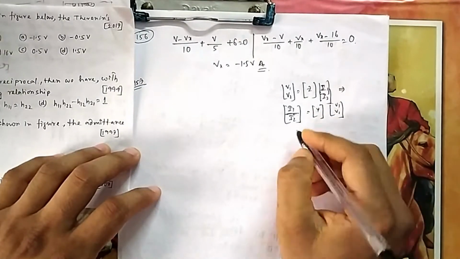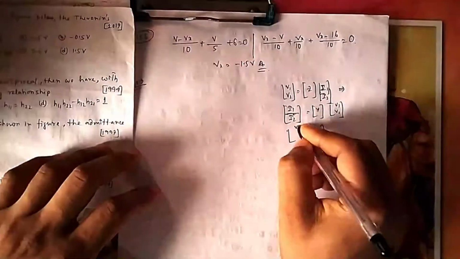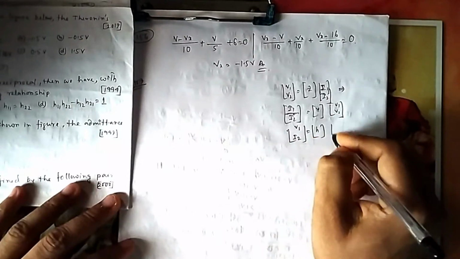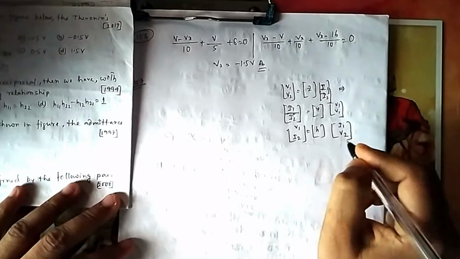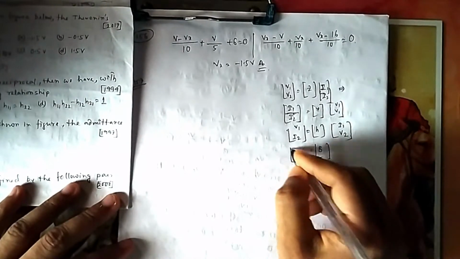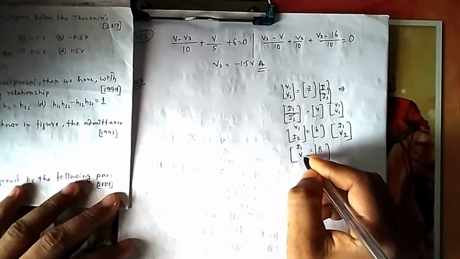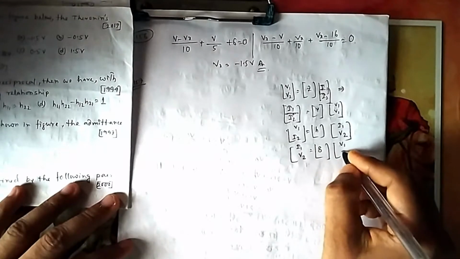Next is your hybrid parameter, the H parameter. For H, from this side V1 will be there, and from this side it will be I2, and here it will be I1 and then V2. So this is your H. Similarly your G will be, from here I1 and V2, and here V1 and I2.